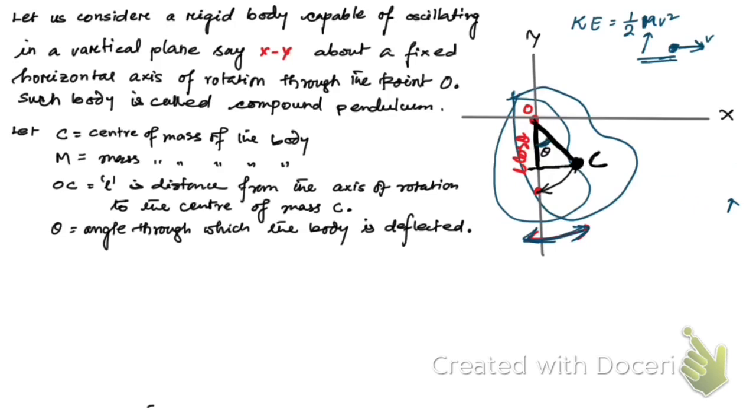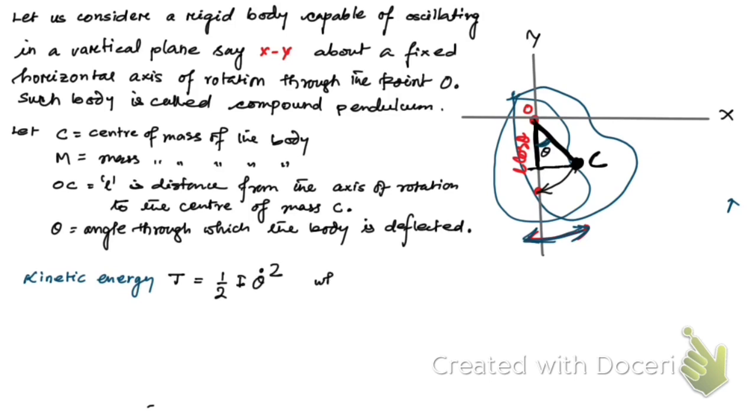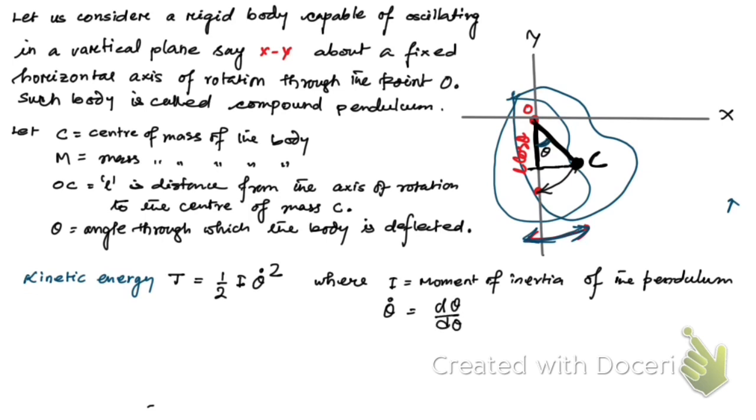Therefore, the kinetic energy, let me represent it by the symbol T, is given by half I theta dot square, where I is equal to the moment of inertia of the pendulum and theta dot is nothing but the time derivative of theta.